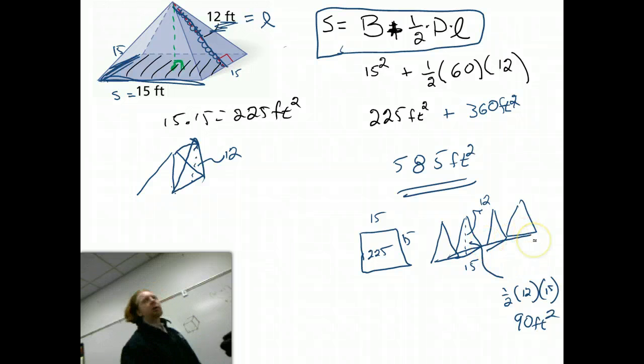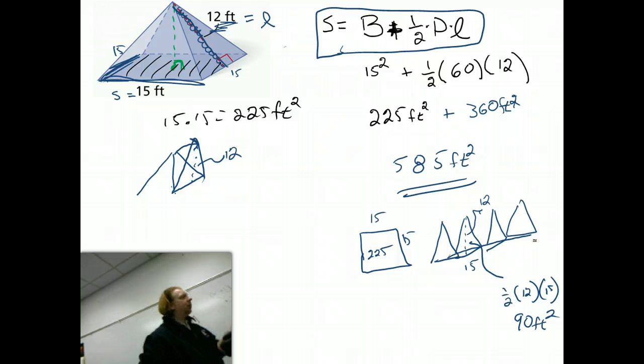If you keep it on the 3D thing, then it's 12 as a slant, because it's leaning in. Oh, I see. The height is the height of that side triangle. Right. And this is where pyramids get weird, because you've got the height of the pyramid itself, which is not the slant height. But when I peel that triangle off, the slant height of the pyramid becomes the height of the triangle side.